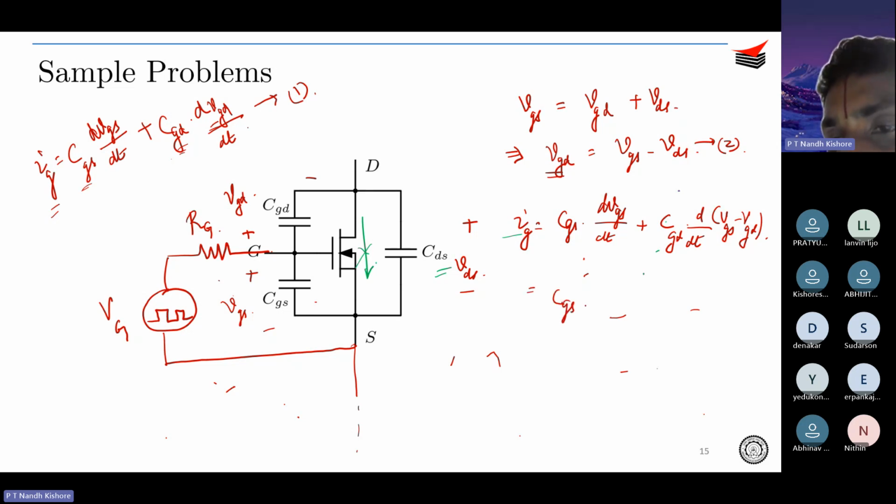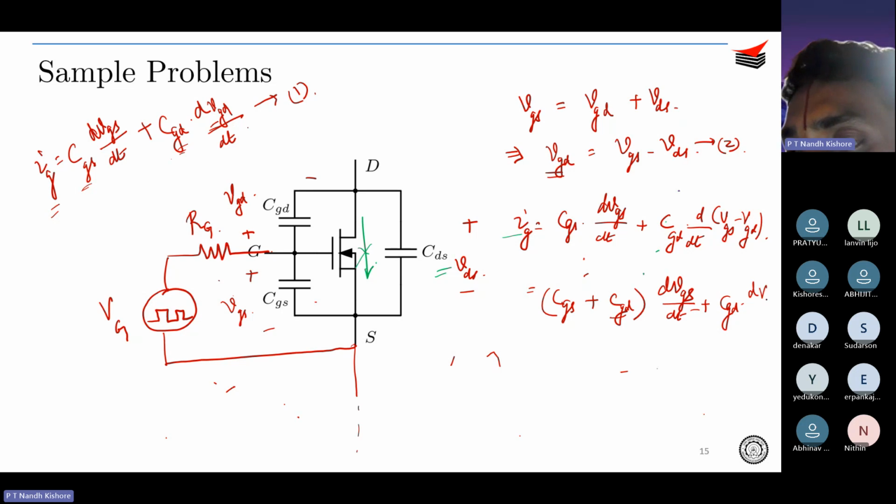So you can take CGD common. So CGS plus CGD into dVGS over dt plus CGD into d over dt of VGS minus VDS. So CGS plus CGD into dVGS over dt plus CGD into dVDS over dt is your gate current IG.